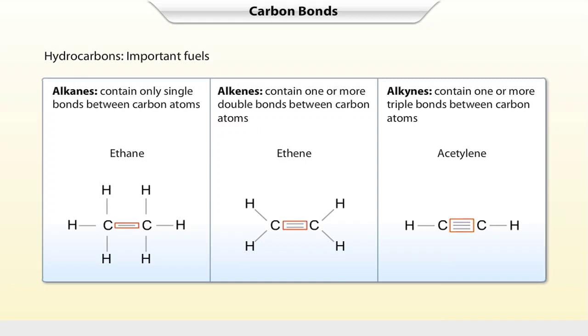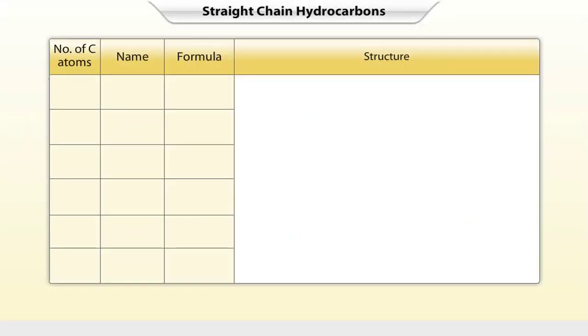The carbon atoms in carbon compounds are arranged as straight chains, branch chains, or cyclic chains. Let's see how. The compounds in the alkane series are structured in the form of linear chains of carbon and hydrogen atoms.